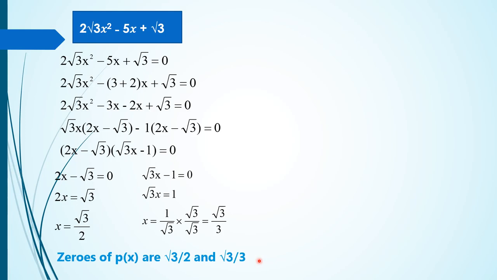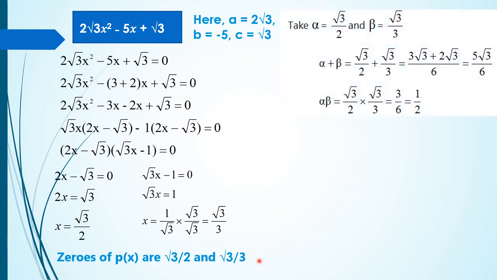Let's verify the relationships. Before that, let's see the values of a, b, c. Here a is the coefficient of x square, 2 root 3, b is minus 5, and c is the constant term, that is root 3. Now take the zeros, one as alpha, that is root 3 by 2, the other one as beta, that is root 3 by 3. Now find alpha plus beta and alpha beta.